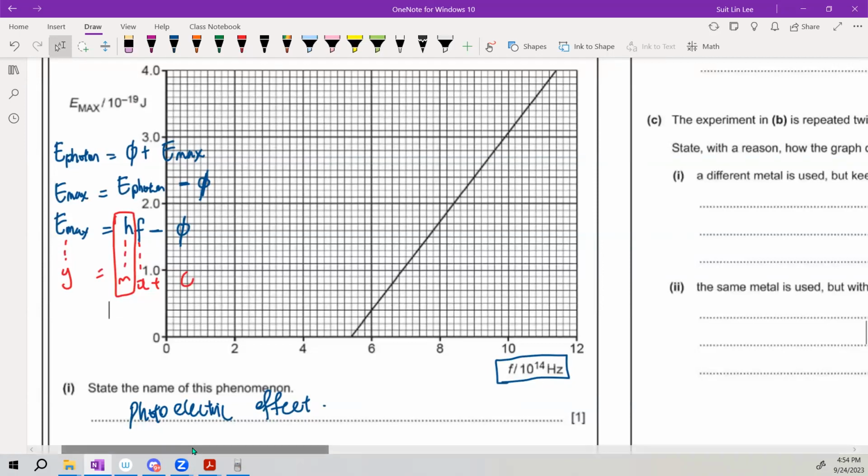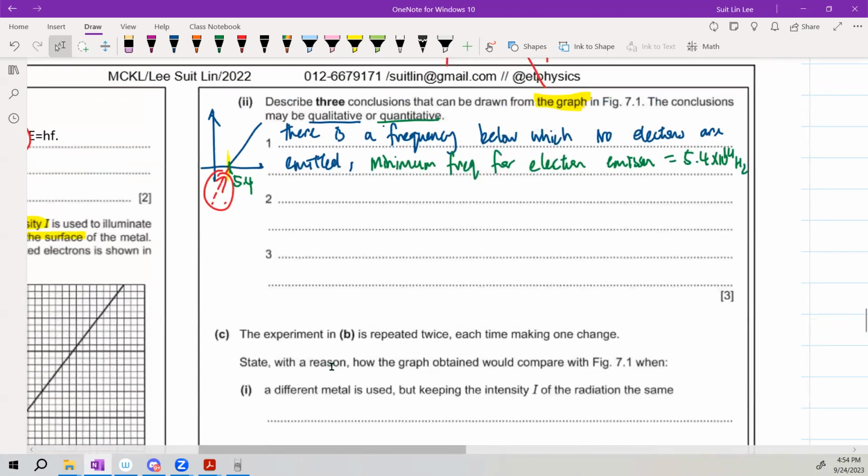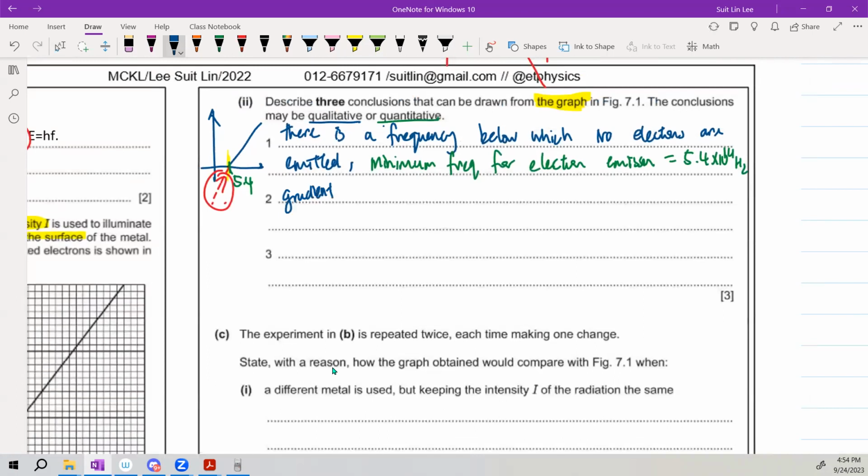Okay, so I could just say the gradient is the Planck constant. Do I need to calculate? No, don't need. It's qualitative, right? So I can say that the gradient of the line is the Planck constant. Planck.